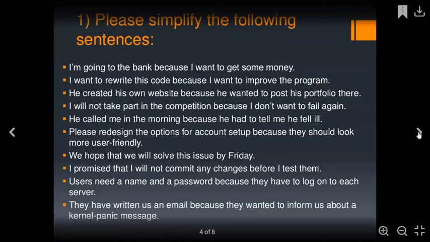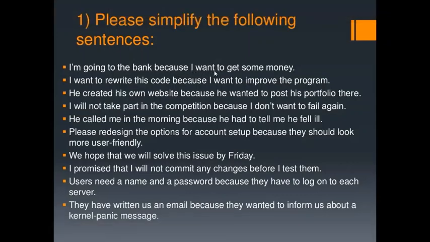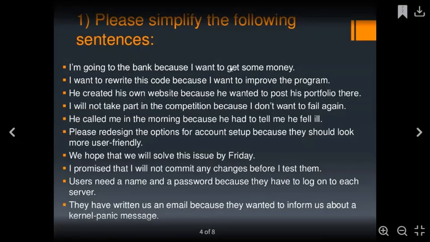I'm going to the bank to get some money. Voy al banco para sacar dinero. Aquí la oración completa es, voy al banco porque necesito sacar dinero. Pero si lo reducimos, I'm going to the bank, hasta aquí, ya no ponemos because, simplemente borramos because, I want, y lo juntamos. I'm going to the bank to get some money, para sacar dinero.